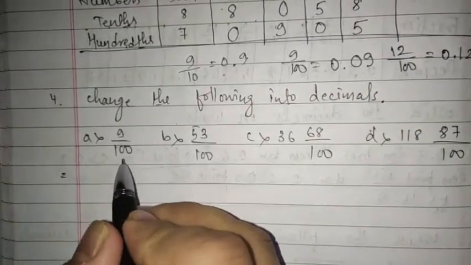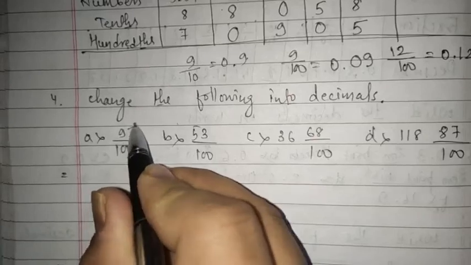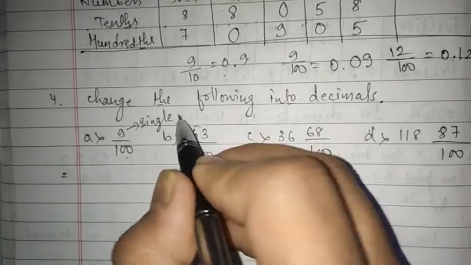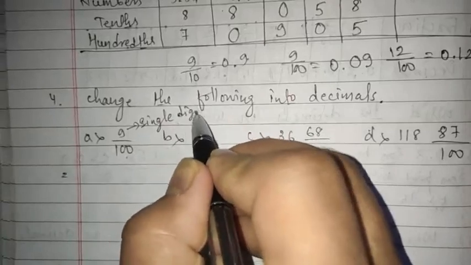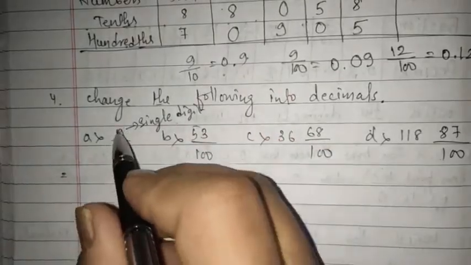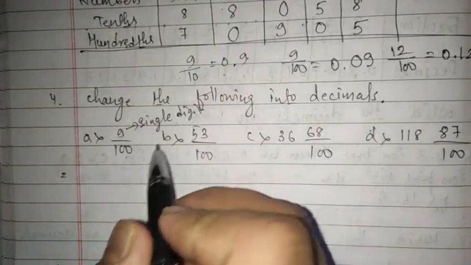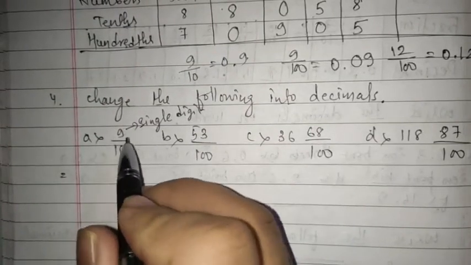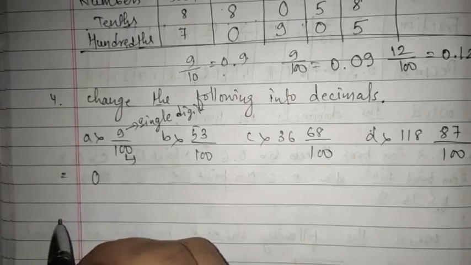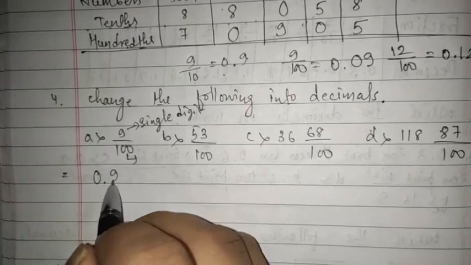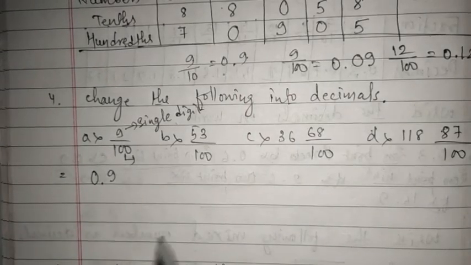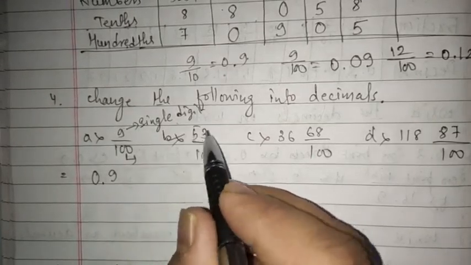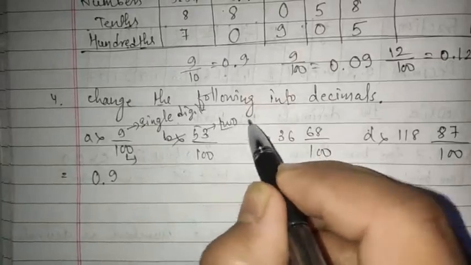So let us proceed with solving. When you have 100 as a denominator and a single digit in the numerator, what are you going to do? Write 0.9. Finished. Similarly, in part B you have a two-digit number.